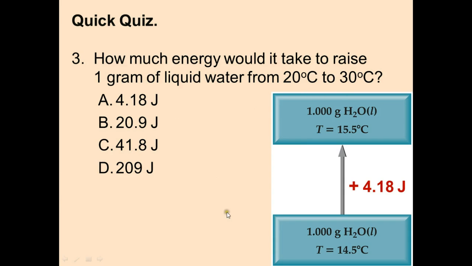If you write it out in the formula, 1 gram is mass, 30 minus 20 is 10. So we have 1 times 10 times the specific heat of water, which is 4.18. We would get 41.8 because we just moved the decimal one place to the right. So that's how we get the answer. But you can always do the formula if you don't understand this.